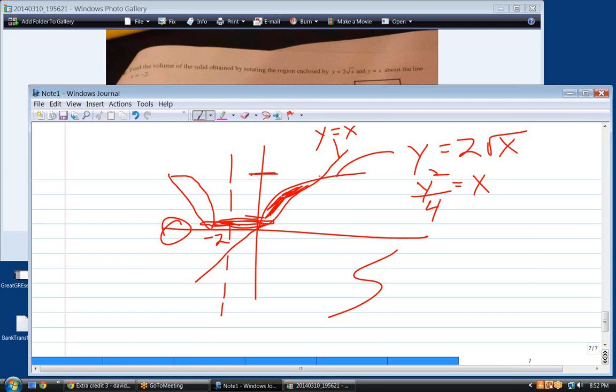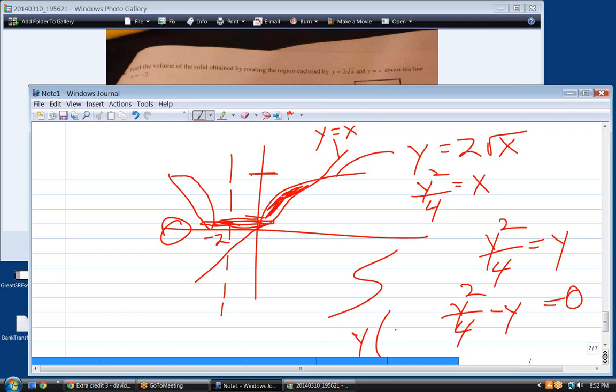Now, to find out what the y intersection point is, I set y squared over 4 equal y. Y squared over 4 minus y equals 0. Y times y over 4 minus 1 equals 0.